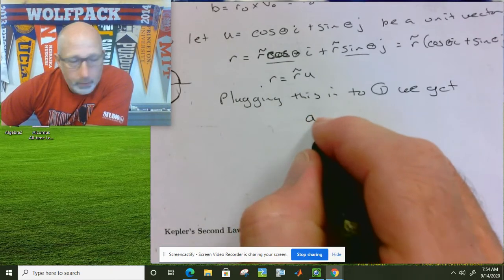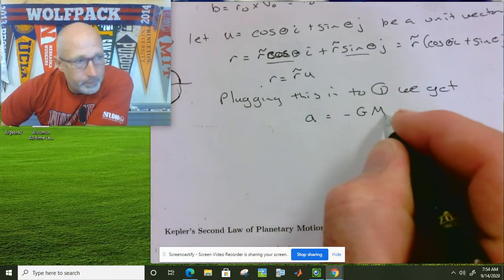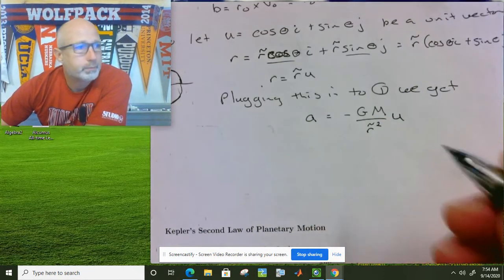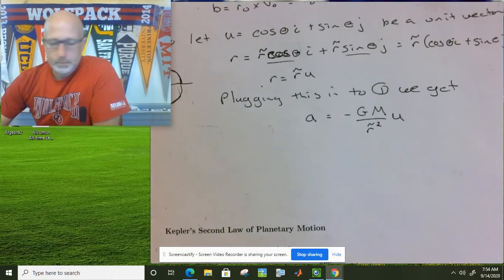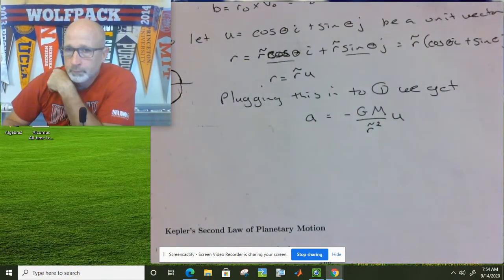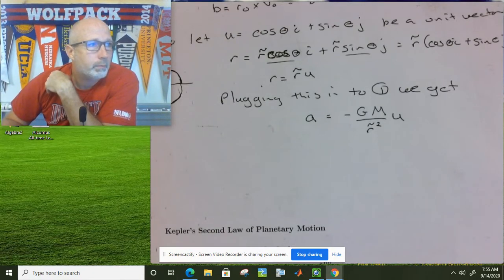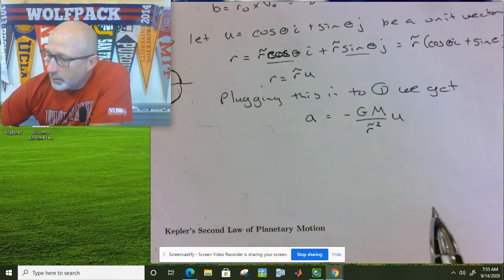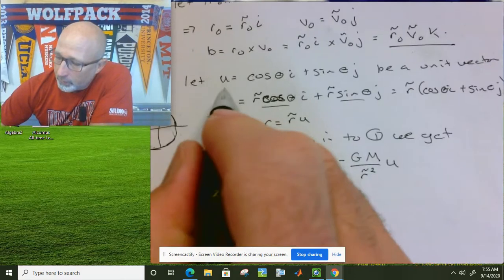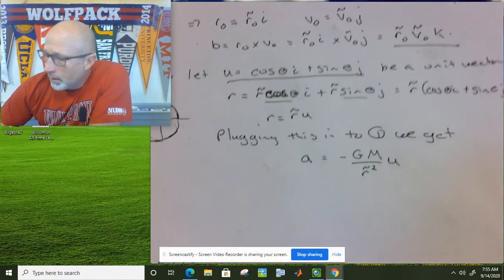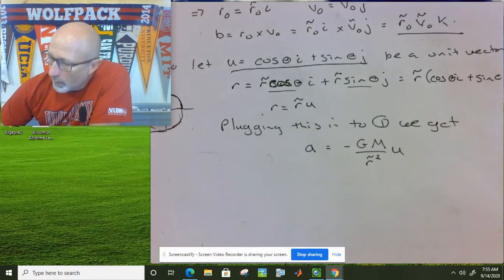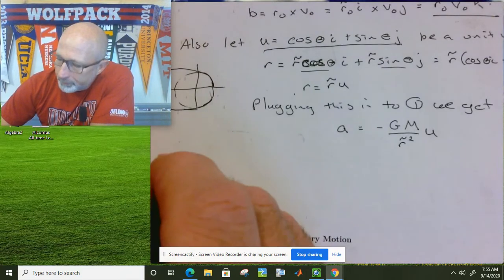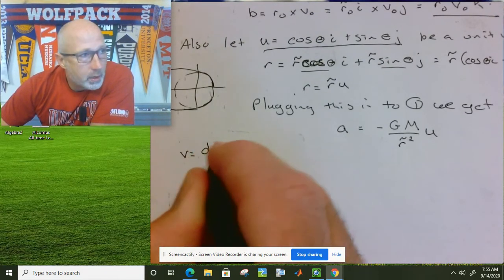Okay, so plugging this into equation 1, we get a is equal to negative GM over r tilde squared times u. But what else do we have? We have a, which is acceleration, and u, which is this thing right here. I also know v is going to be equal to dr dt.